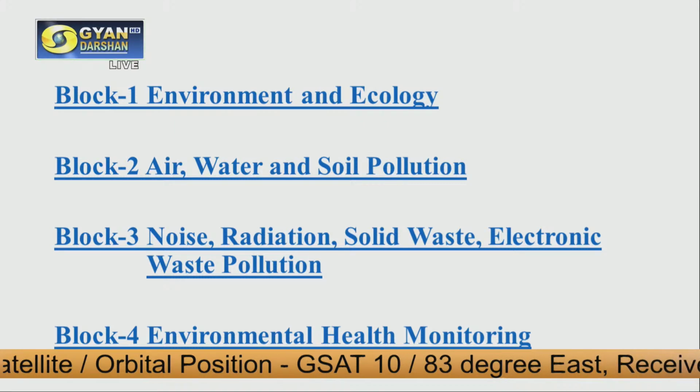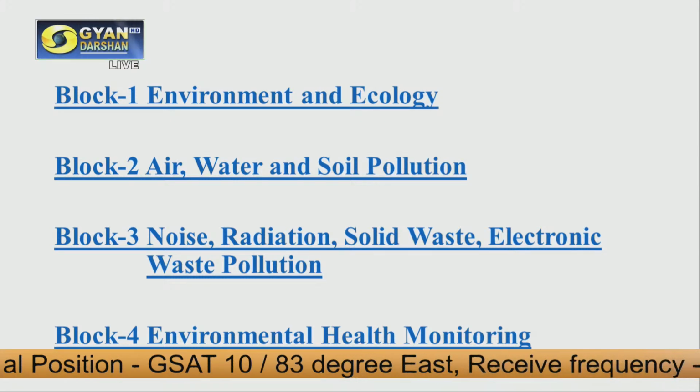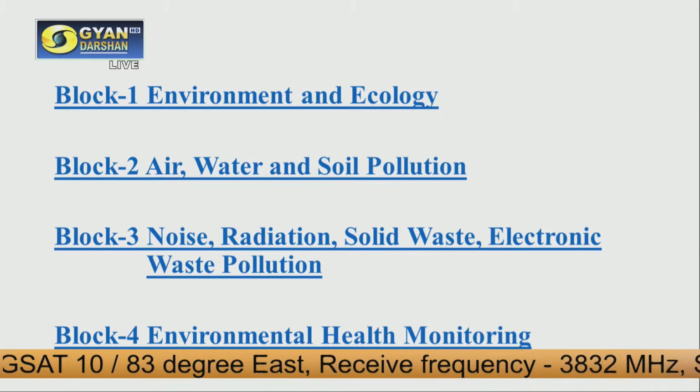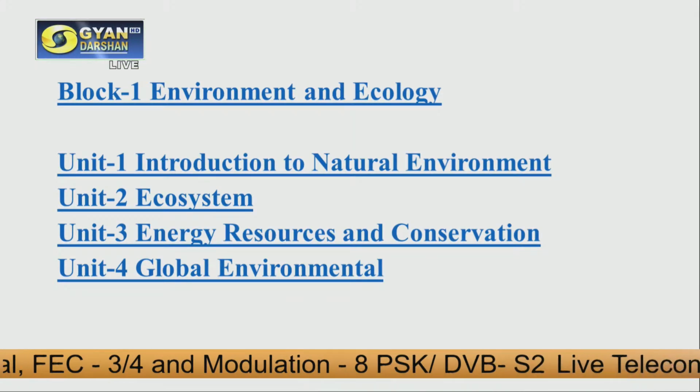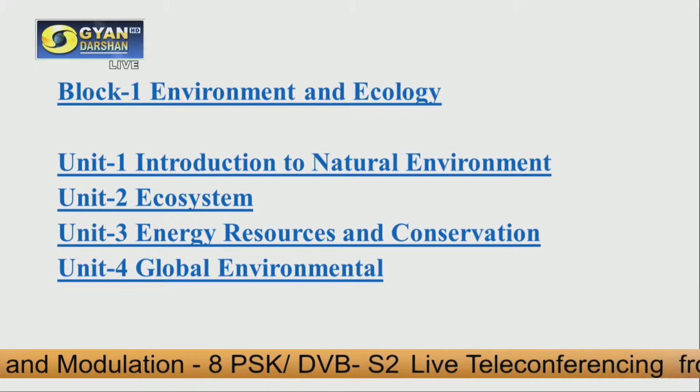Then we move to block 4, which covers environmental health monitoring, that is, how we can monitor the environment's health. These are the 4 blocks. What are the different units in these 4 blocks? The list is here.